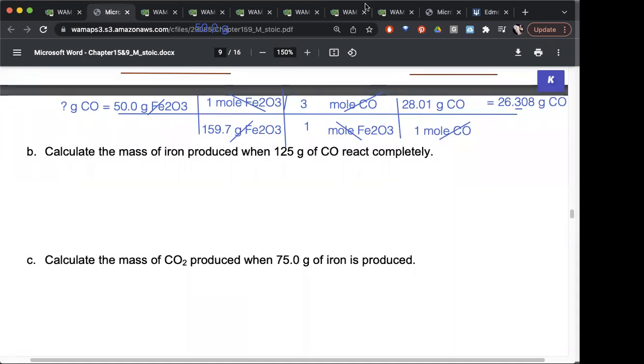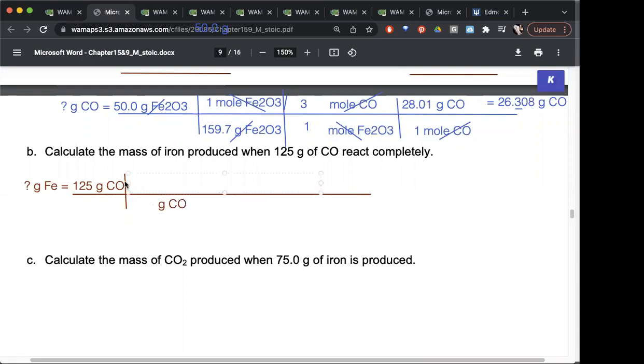So go ahead and get a start, get ahead of me if you can. We want to know how many grams of iron will be produced at the same time that we react 125 grams of carbon monoxide. So you can use that little solution map going grams to moles, moles to moles, moles to grams, or you can think of it in terms of dimensional analysis where we just need to get rid of those grams.